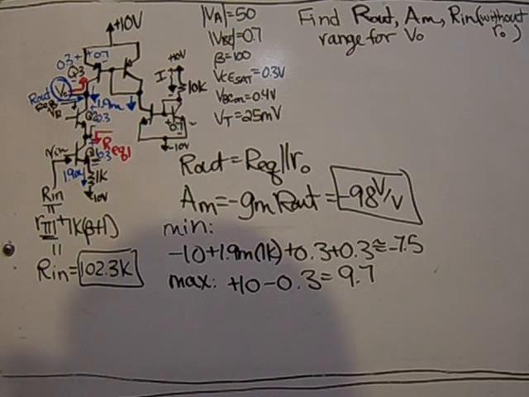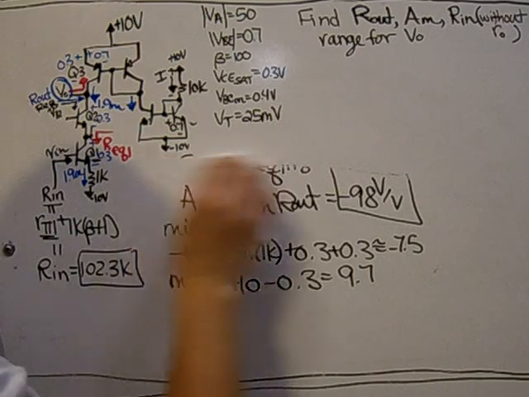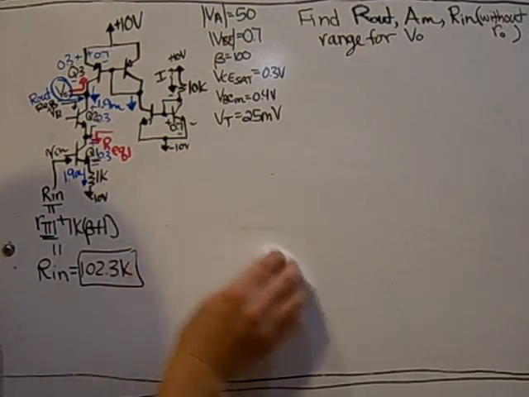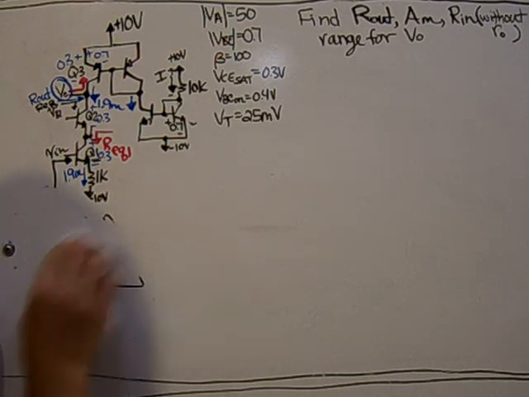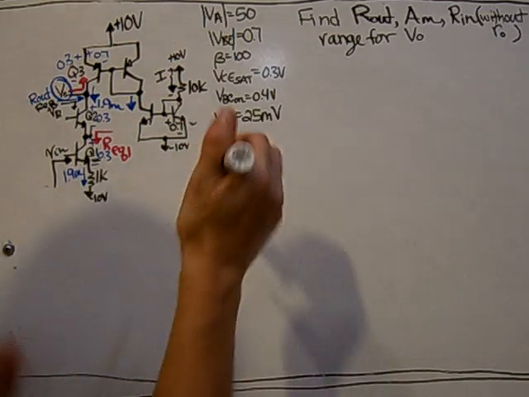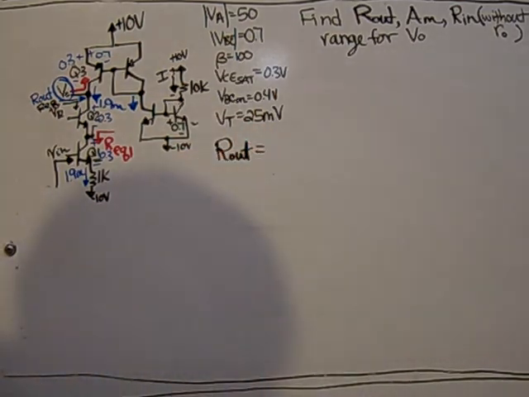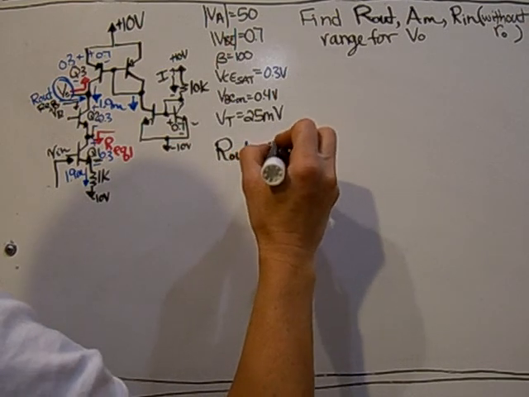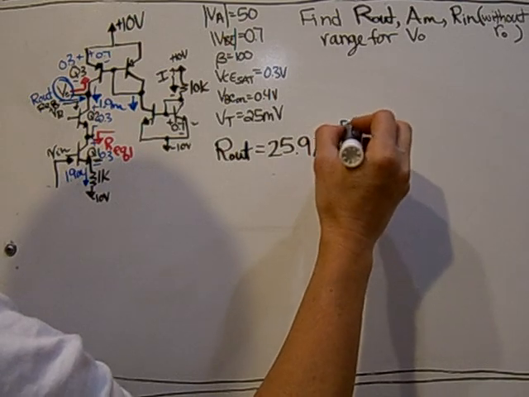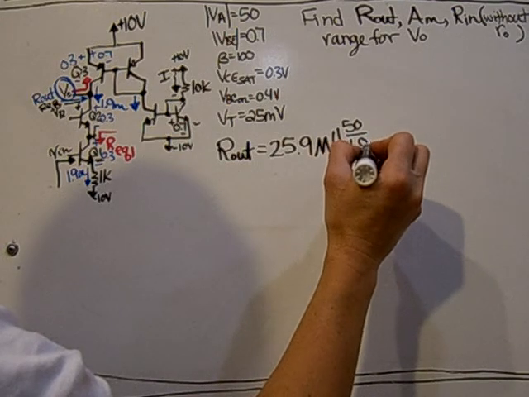Okay, so summarizing this, our R out was the 25.9 meg in parallel with the 50 over 1.9 milli.